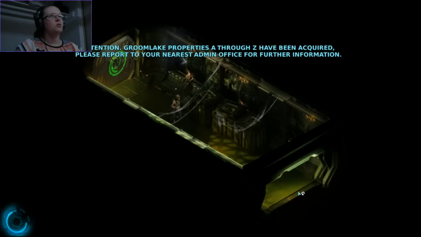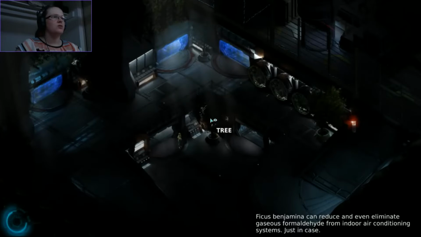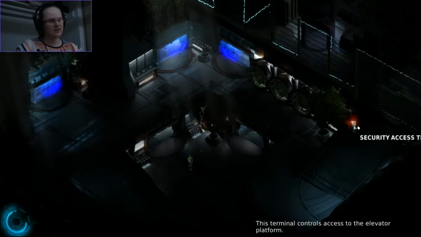Making this pregnant... What does that mean? Okay, she runs so slow. We're about to make her run a marathon all the way up here to this security access again.